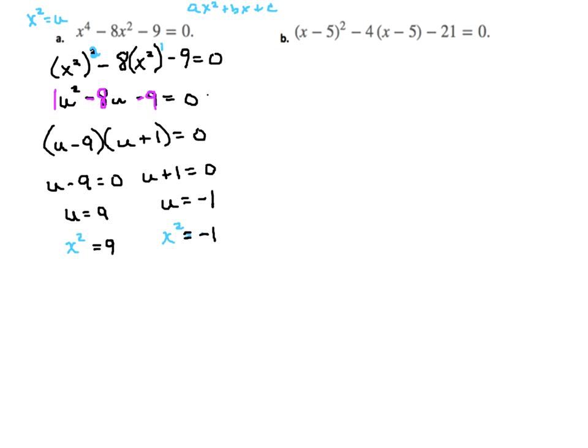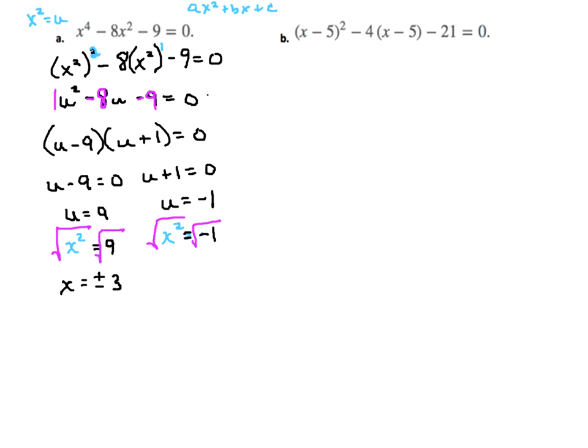Okay. So I can actually use my square root property here to solve. Take the square root of both sides. The original equation said, what can I square to make 9? Well, I can square positive or negative 3 to make 9. You have to take into consideration both those values.